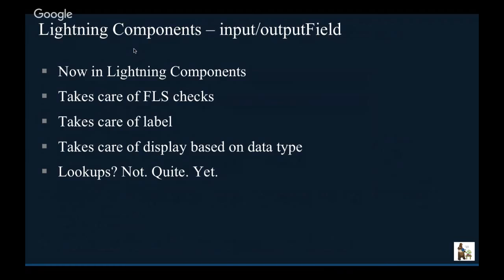So this is one of the knocks on all Lightning component development before: there was nothing with stuff that Visualforce input fields did. Security, the label metadata, all that different stuff that you got for free that made developing with Visualforce super easy and super quick. The input and output fields.